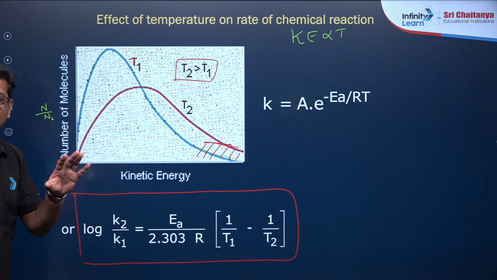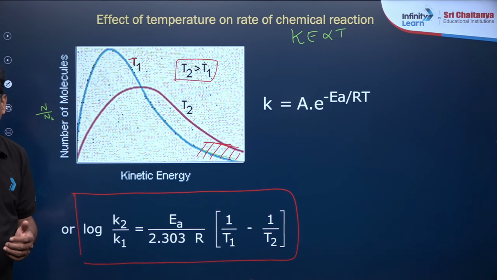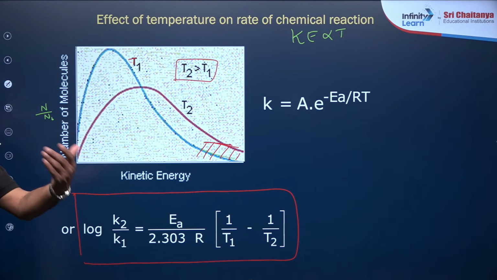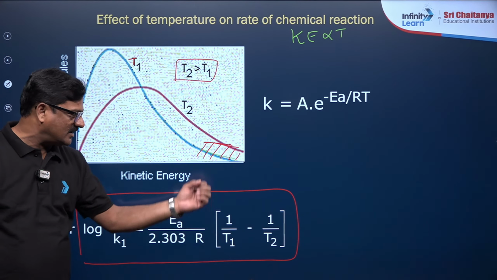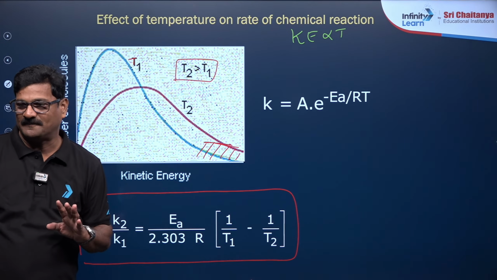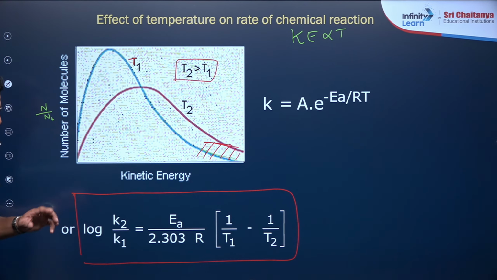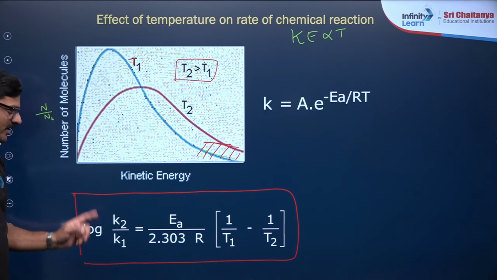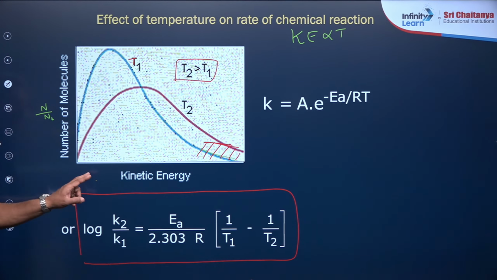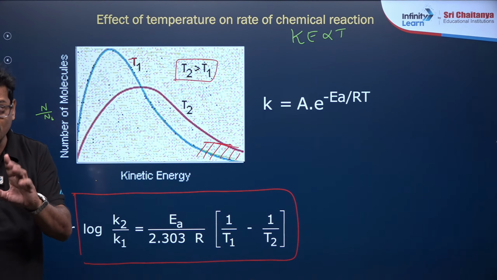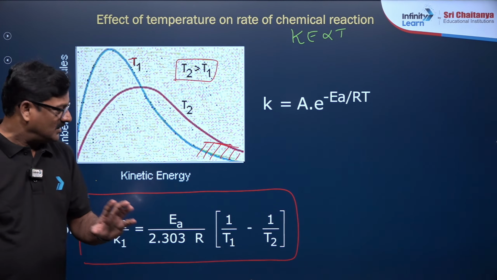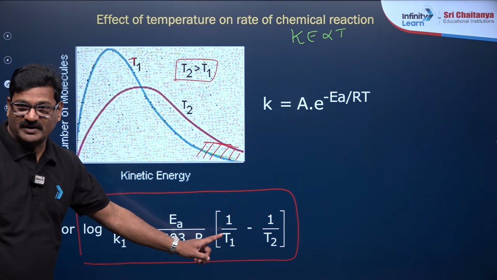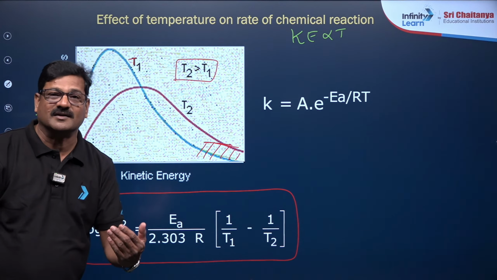But I will tell you, in the numerical it will be given: the rate becomes double when the temperature is raised from 25 degrees centigrade to 35 degrees centigrade. So T1 is 25 degrees centigrade, T2 is 35 degrees centigrade. And K2 by K1 is double, so K2 by K1 is equal to 2. Here the problem comes from the student side: T1 25 is given, you convert into Kelvin.